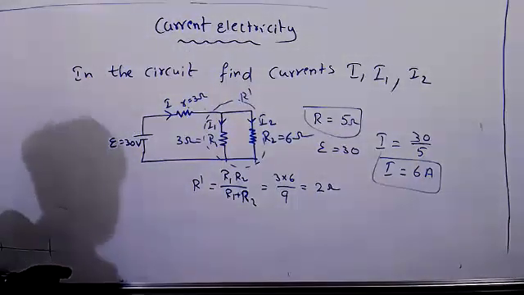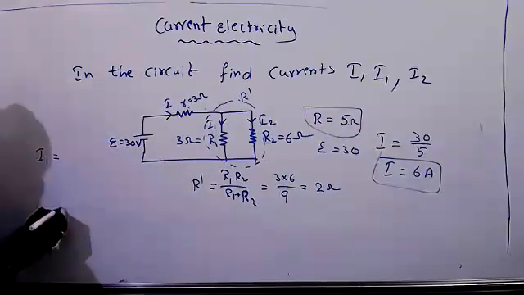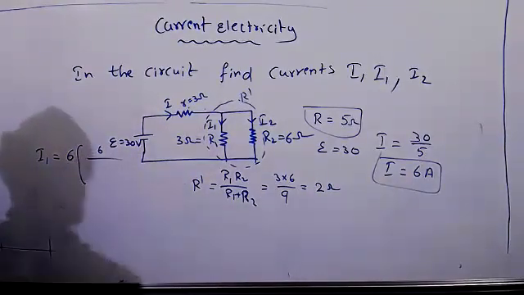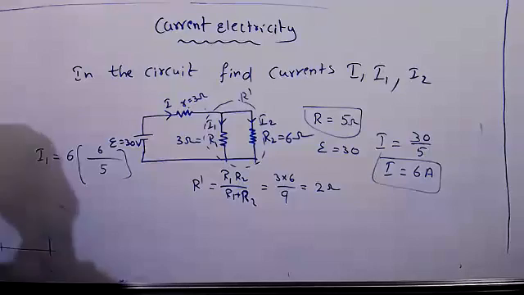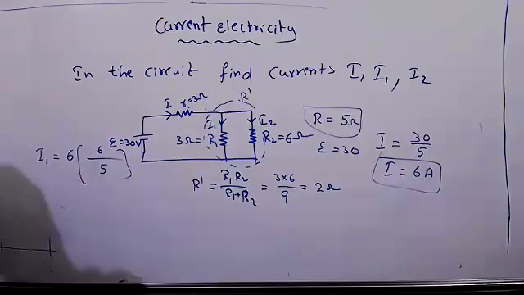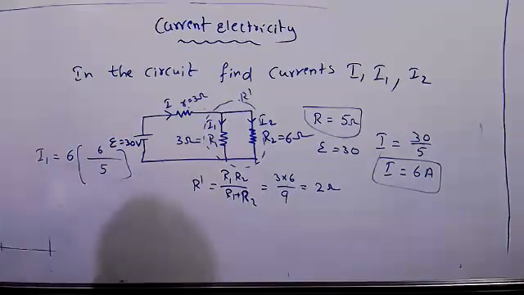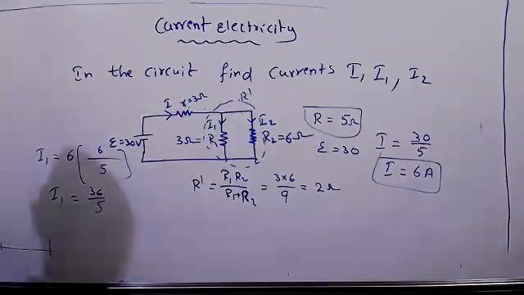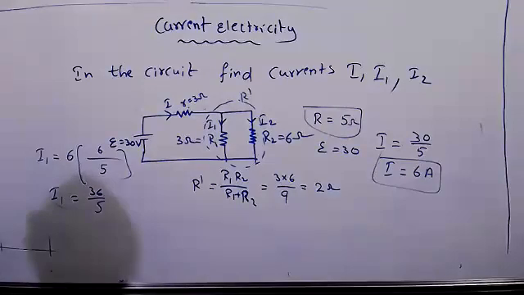Once you know the current, now see current I1. I1 formula I just told: I1 equals total current 6, into opposite branch resistance 6, by total resistance. What is the total resistance? Nothing but 9. So I1 equals 36 by 9.